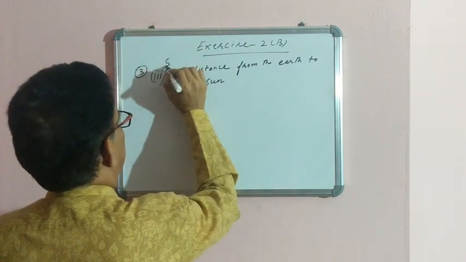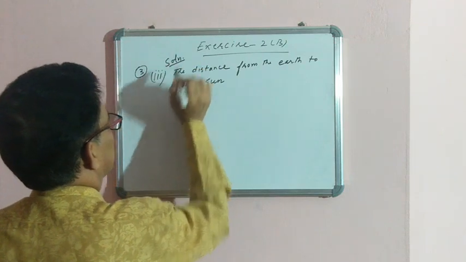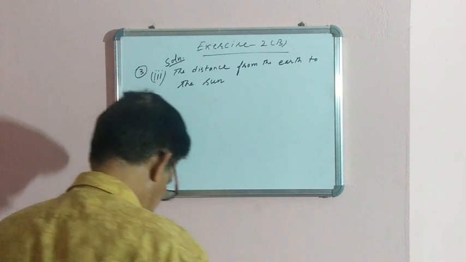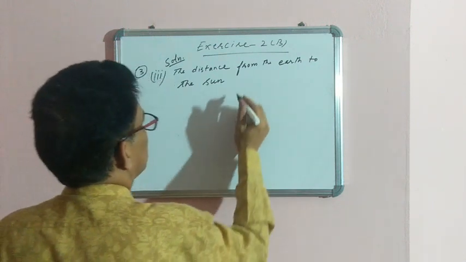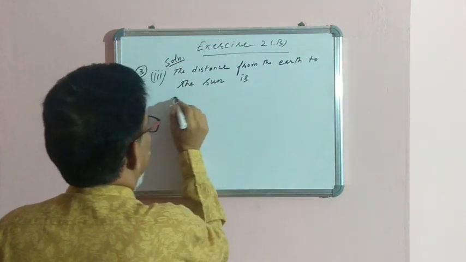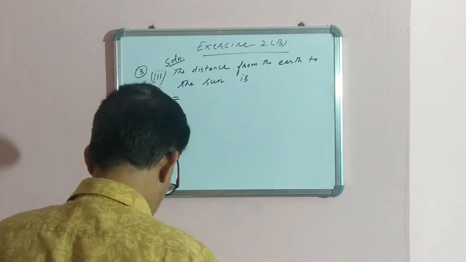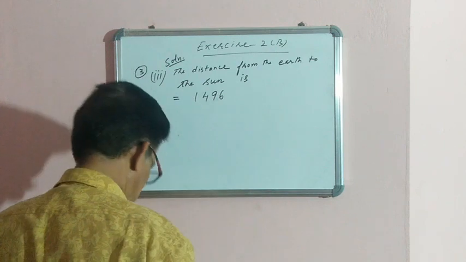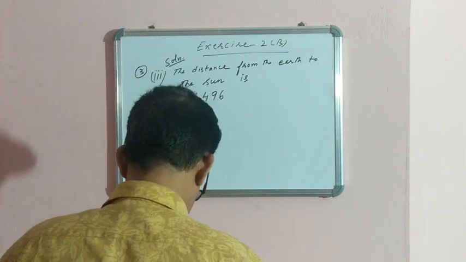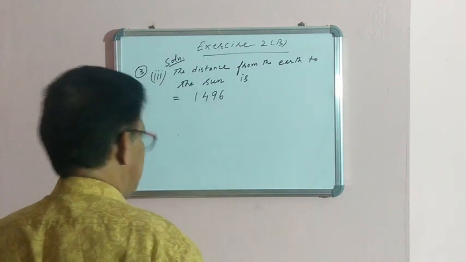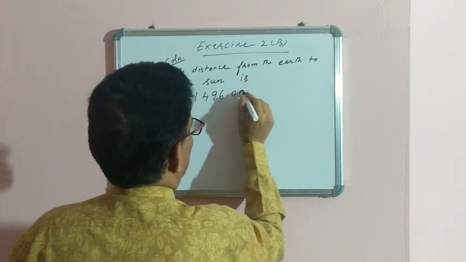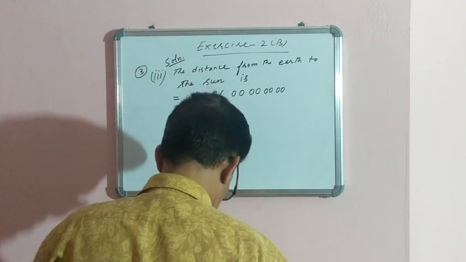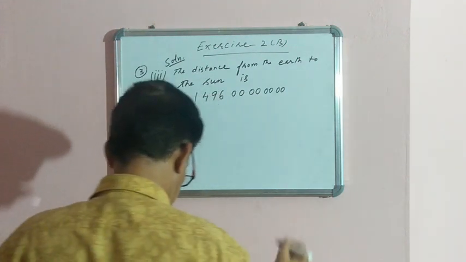Directly I am writing the solution. The distance from the Earth to the Sun is equal to 1496, then 1, 2, 3, 4, 5, 6, 7, 8 zeros are there. This is in meter.